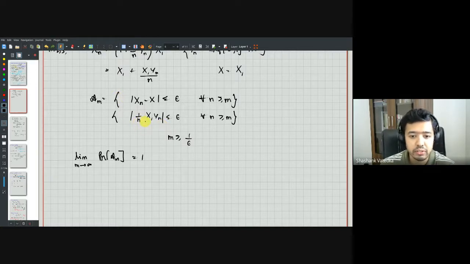So if n is large enough, then no matter what the realization of X1 is and what the realization of Yn is, this quantity will definitely be less than or equal to epsilon. In fact, if m is greater than or equal to 1/epsilon, then this condition will definitely be satisfied.